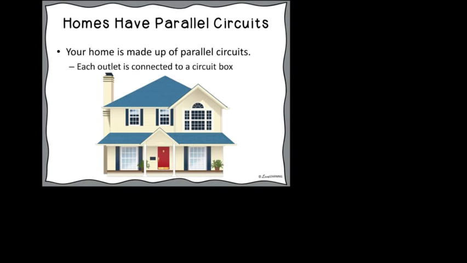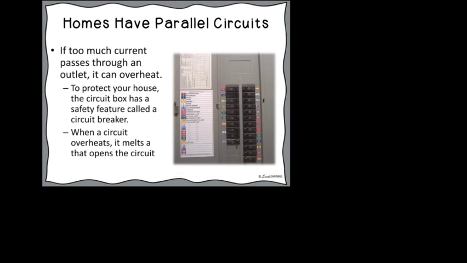Well, most homes are made up of parallel circuits, and each outlet is connected to a circuit box. So if too much current passes through an outlet, it can overheat. But in order to protect your house, the circuit box has a safety feature called a circuit breaker.